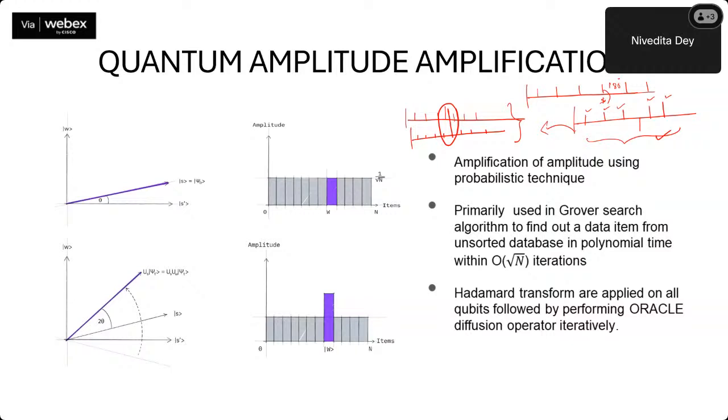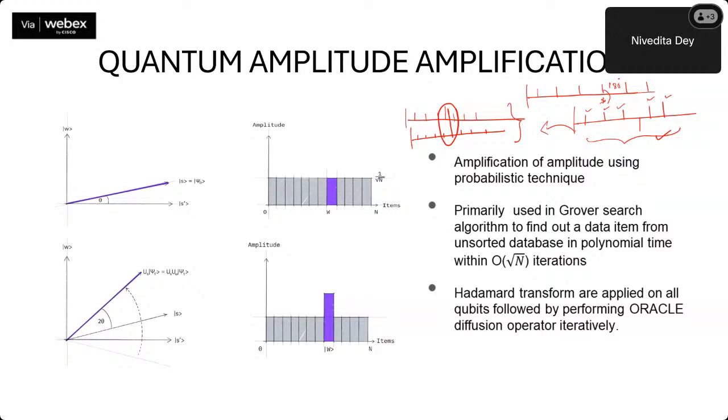Initially it was order n iterations in our classical setup, when we used linear search. Considering space is not infinite, and there is no hashing or any other data structure, if we just have an unstructured, unsorted database, then in linear search, in the worst case, it will take n minus 1 queries, which is big O of n iterations.